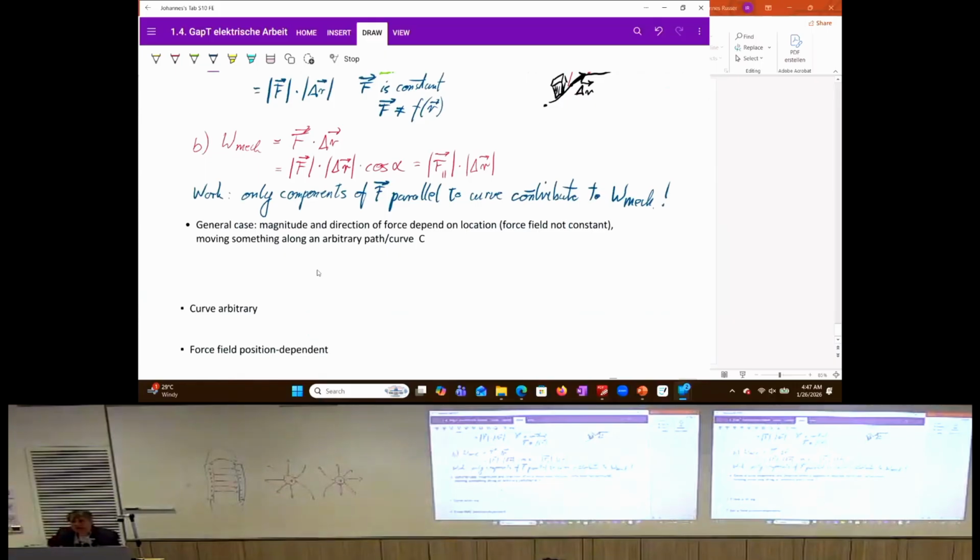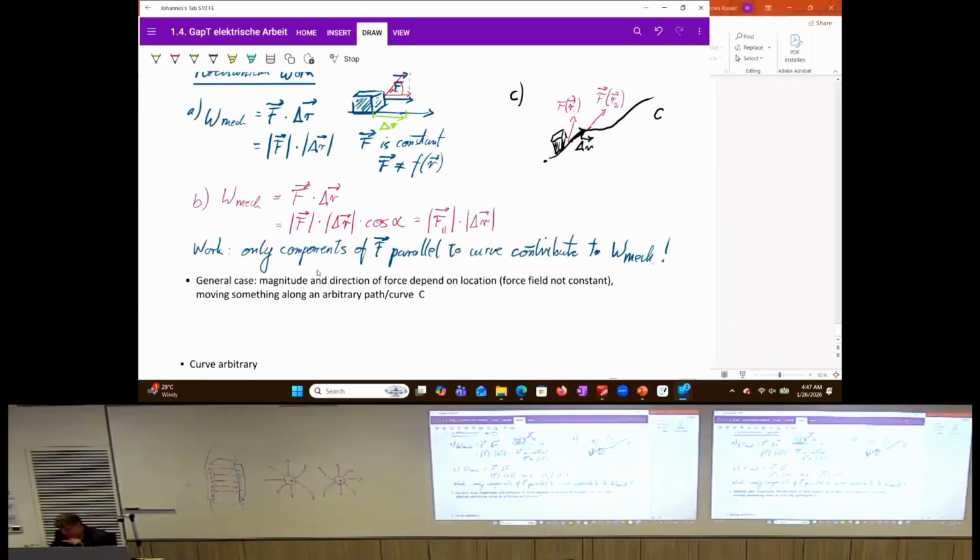So yeah, the first force vector here is slightly upward. So it is not aligned with the direction of the curve.